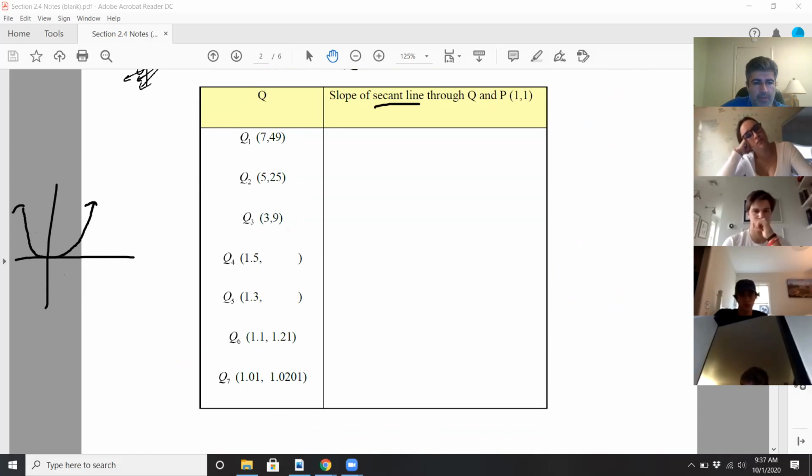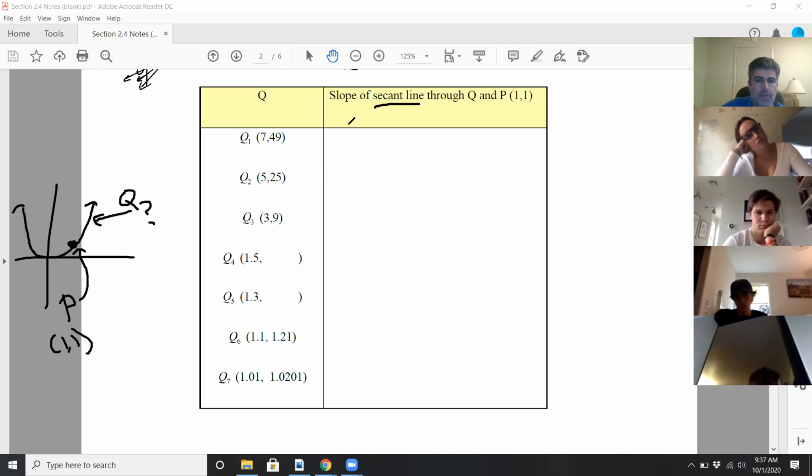Looking at point P, which is 1, comma 1, and point Q will be somewhere on the curve here.